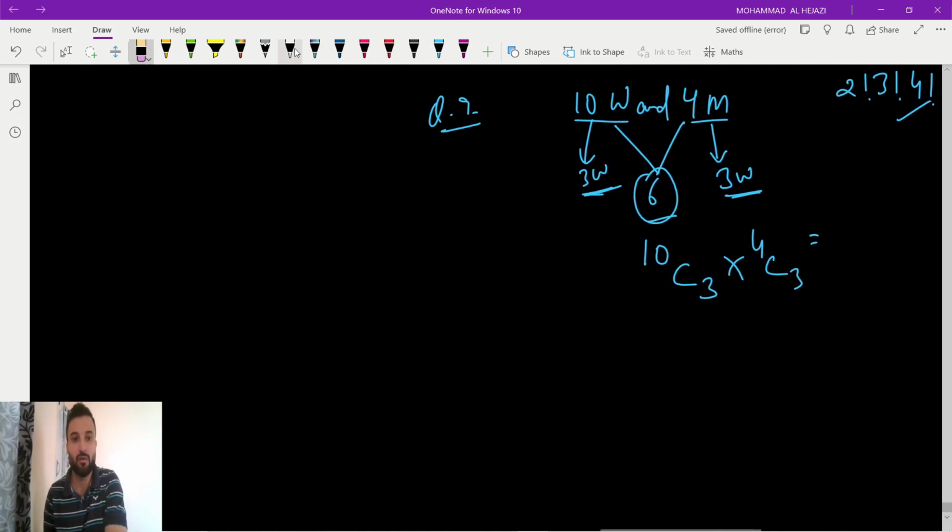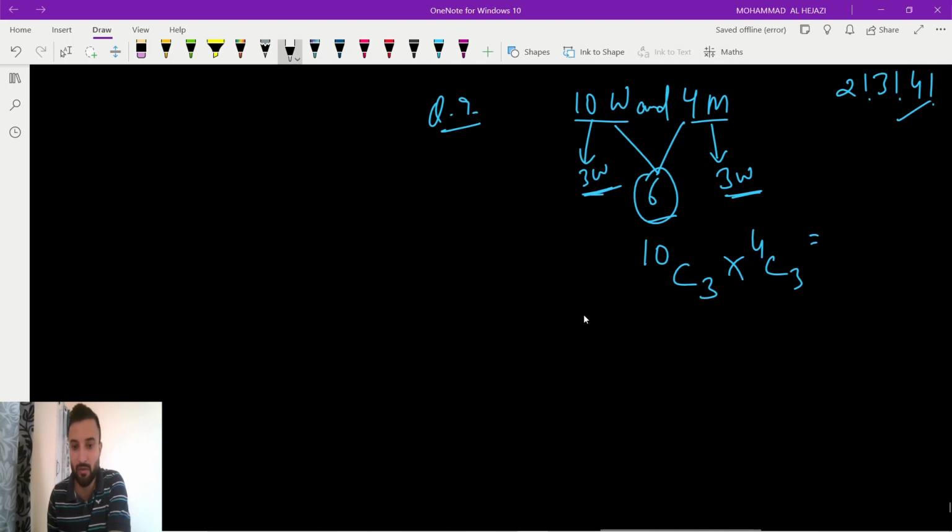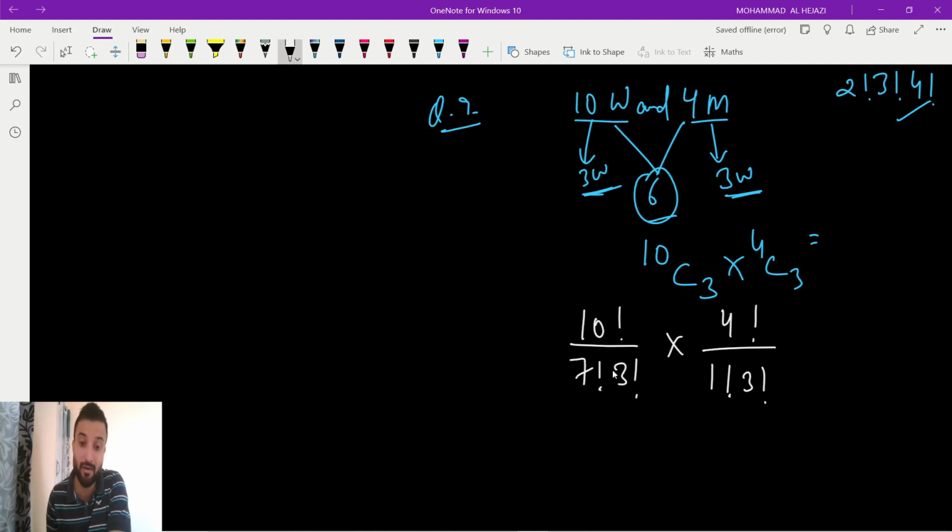10C3 into 4C3. So 10C3 is 10 factorial divided by 10 minus 3, 7 factorial into 3 factorial, and 4C3 is 4 factorial by 4 minus 3, 1 factorial into 3 factorial. So 10 factorial, till which factorial will we write? We will write till 7 factorial. So 10 into 9 into 8 into 7 factorial divided by 7 factorial into 3 factorial.